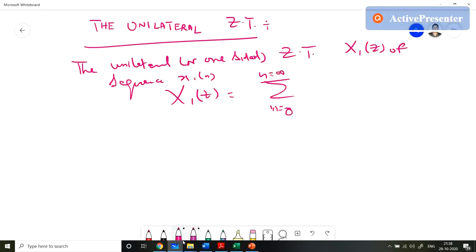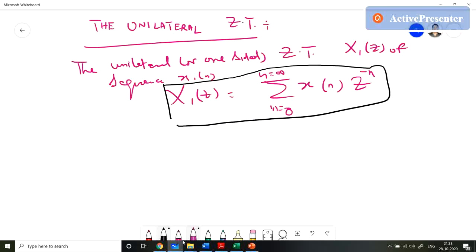So instead of taking n from minus infinity to infinity, we take the value of small n from 0 to infinity, of x(n) z raised to the power minus n. So this is basically the unilateral or one-sided Z transform.